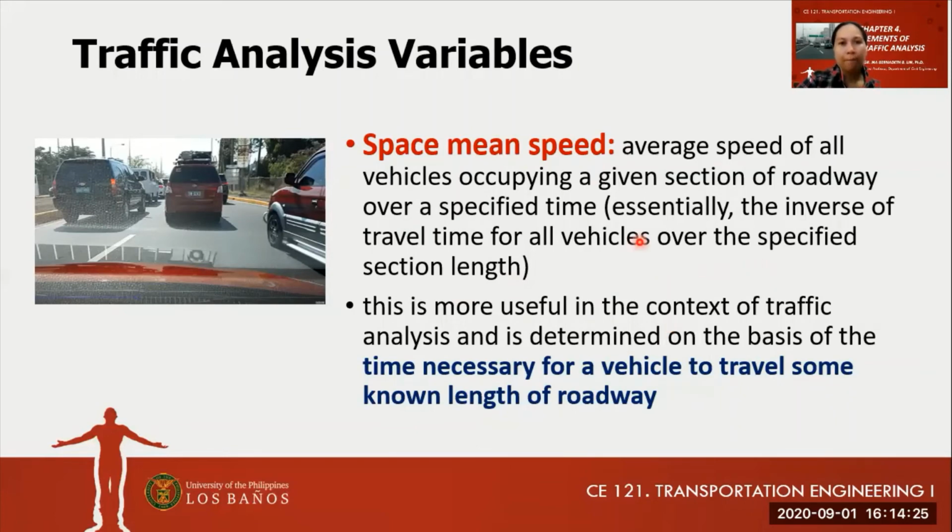So you will determine the average speed of all the vehicles occupying that certain section of 1 kilometer. This is more useful in the context of traffic analysis and is determined on the basis of the time necessary for a vehicle to travel some known length of roadway.